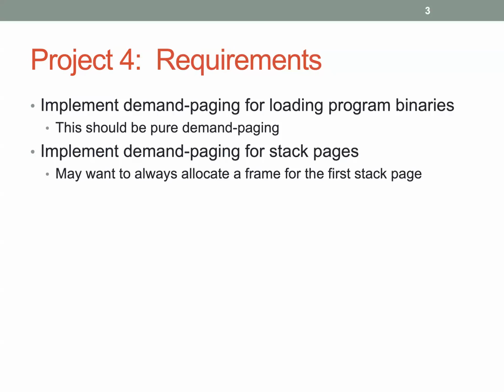So it's easier to just do your first stack page when you're setting up the user process like you already have. And then as you fault out of the stack, because the stack grows out of the first page, you allocate new frames for the stack to grow into.